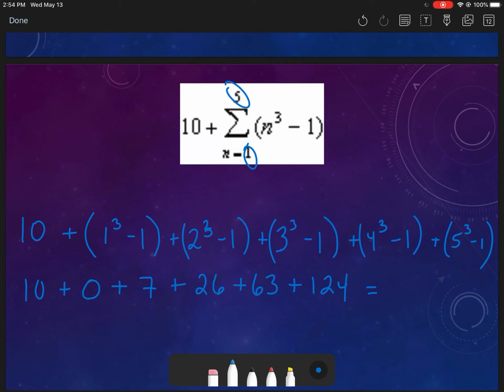Okay, next one here. So we're going to be using sine of n. So sine of 1 pi over 2 plus sine of 2 pi over 2 plus sine of 3 pi over 2. Okay, take a minute to plug that into your calculator.